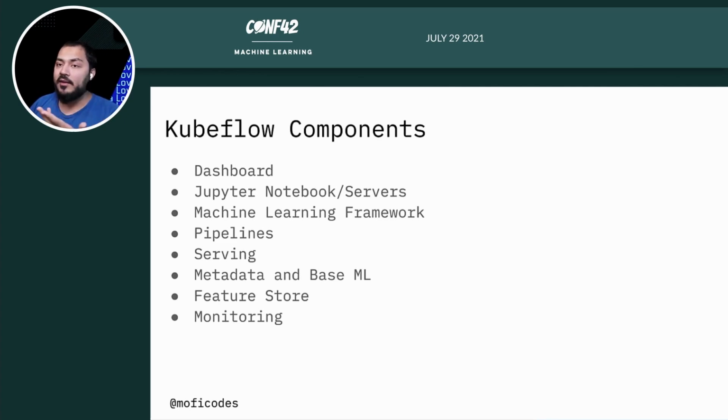For pipelines, we have a choice of Tekton or Argo. For serving, we have Seldon or KFServing. For machine learning metadata, we have MLMD. For feature store, we can use Feast. And for monitoring, because it's running on top of Istio, we can make use of Prometheus and Grafana dashboards to look at what's happening in a cluster as well as monitoring models as the traffic routing is happening.